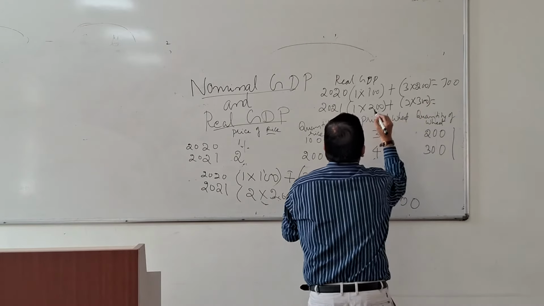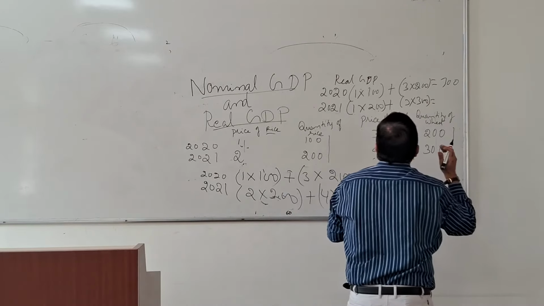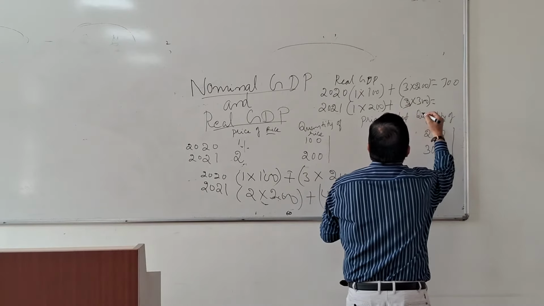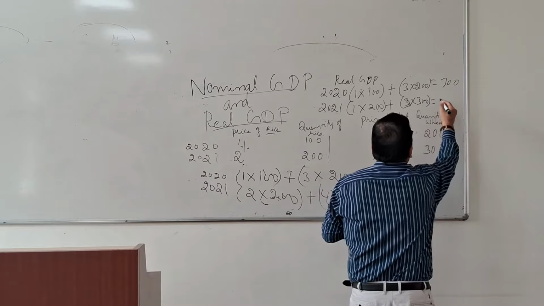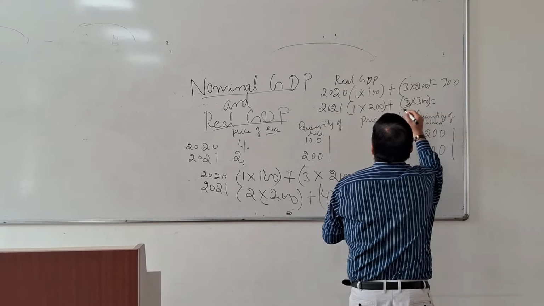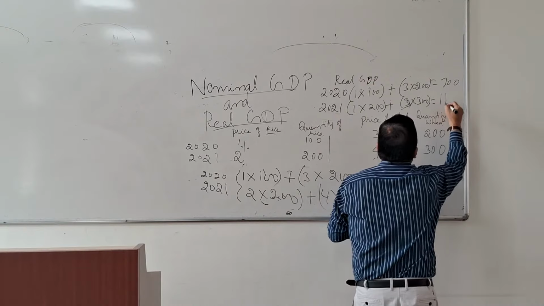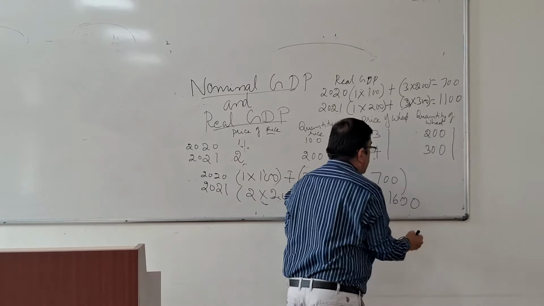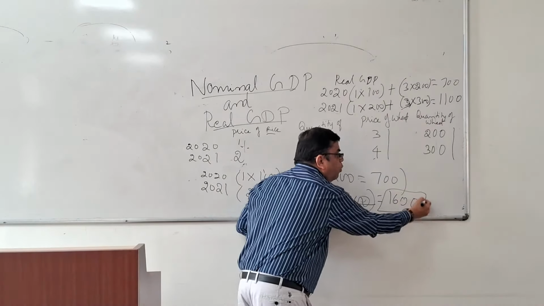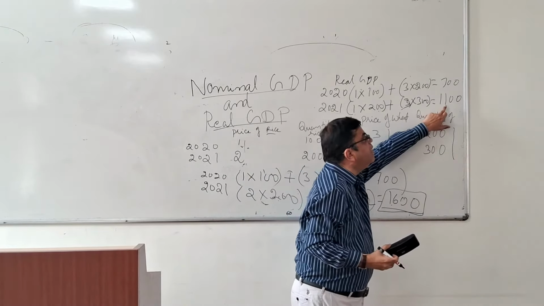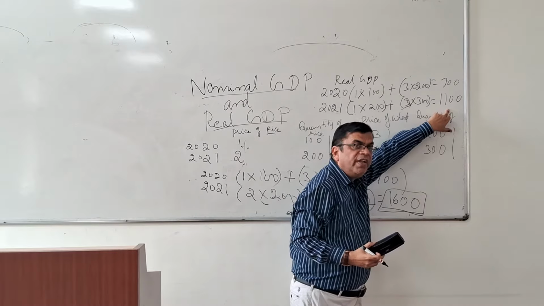So 1 into 200 is 200, 3 into 300 is 900. So 900 plus 200 is 1100. So although the nominal GDP showed that GDP increased from 700 to 1600, real GDP tells it is 1100.